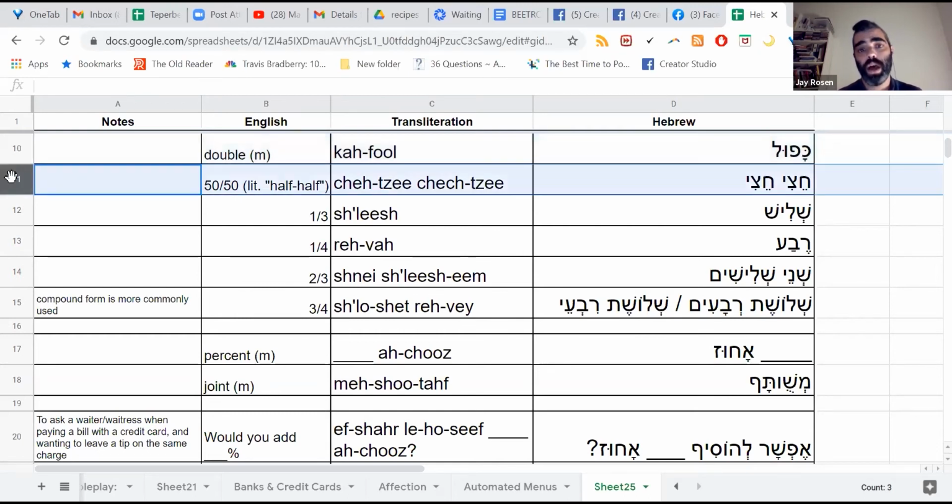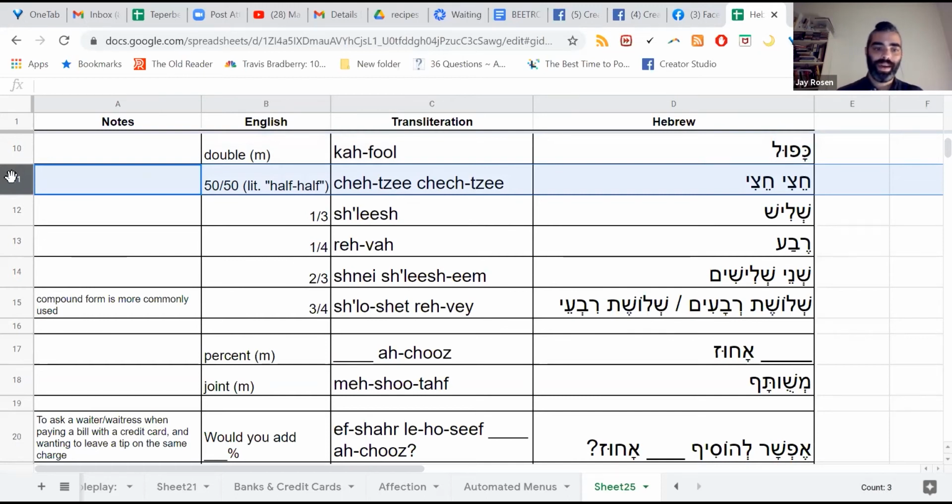Okay, so the first one I'm going to do, you probably know the word chetzi, right? Chetzi simply means half. If someone says to you, chetzi, chetzi, that is the equivalent in English of 50-50, right? If I want to split something 50-50, I say chetzi, chetzi, literally meaning half-half, right?